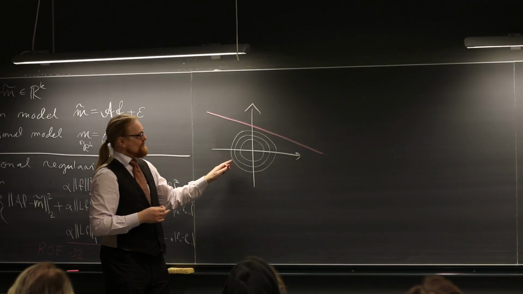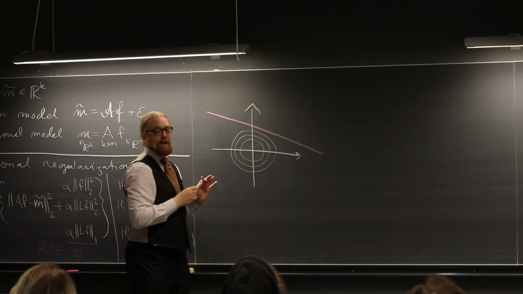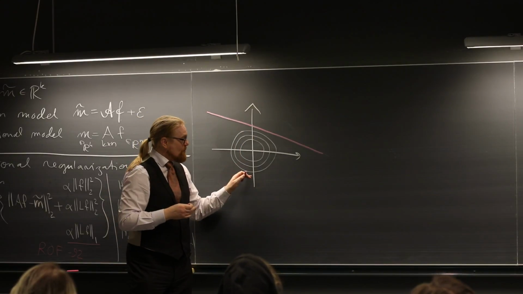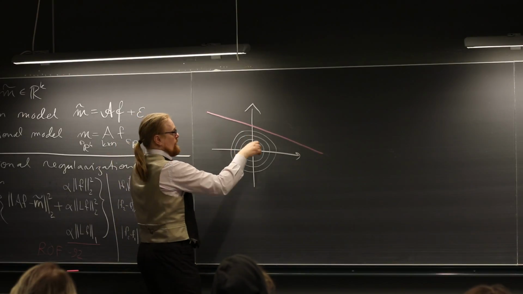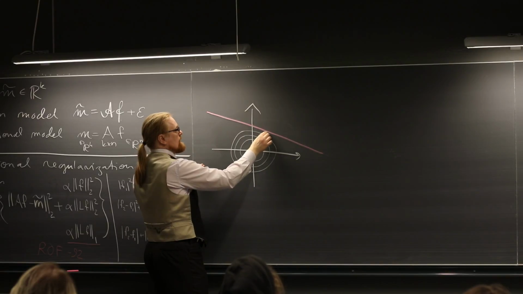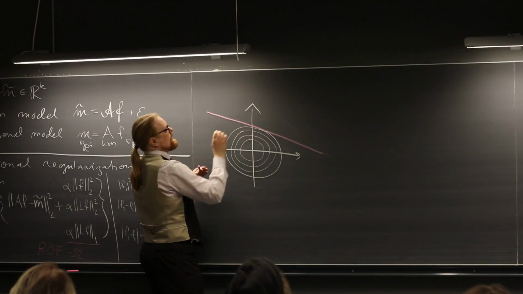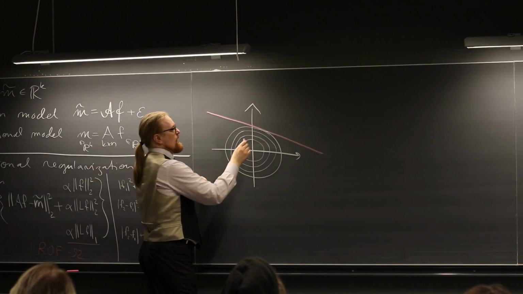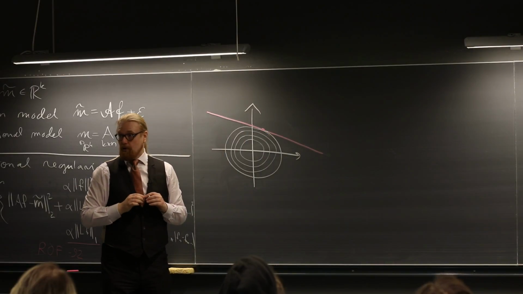Apart from my drawing skills, these are supposed to be perfect circles so that the 2 norm of the vectors in each circle is constant. So I'm expanding a sphere until it hits this line, and then this one would be the minimum norm solution.